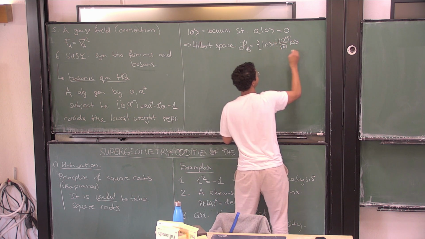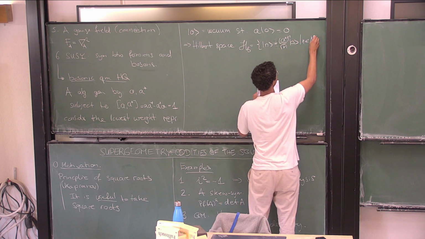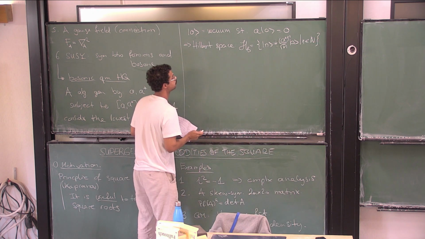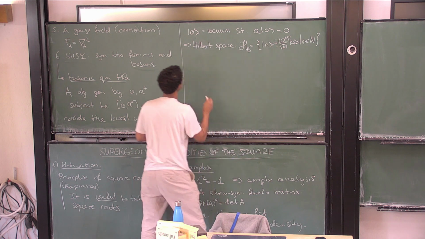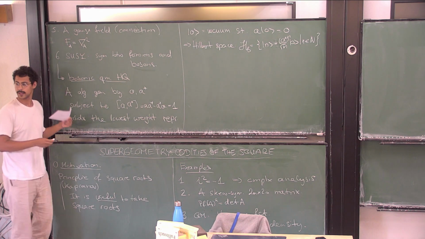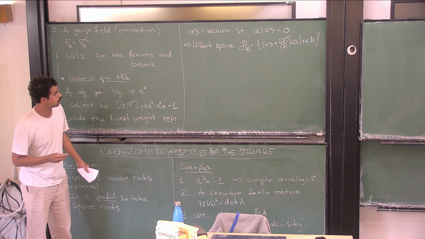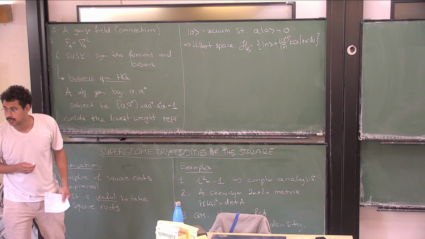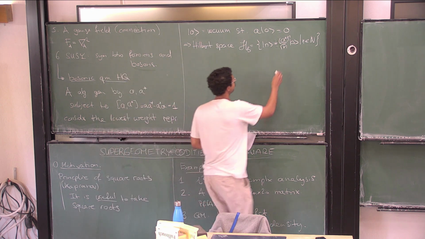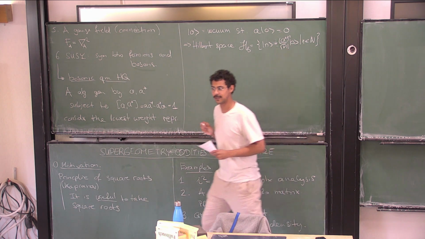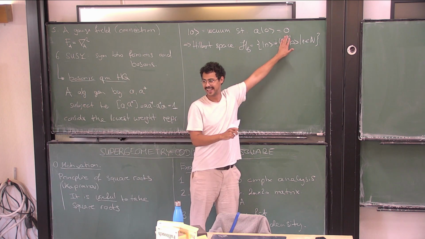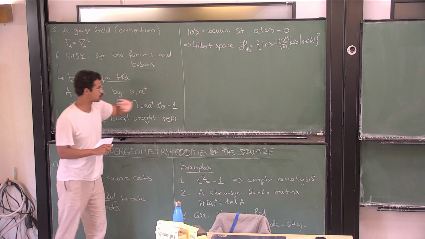This is just by definition. Isn't it n factorial here? It might be, yes, thank you. We will not do anything with that. It is a normalization thing, but it's good to have good normalization.